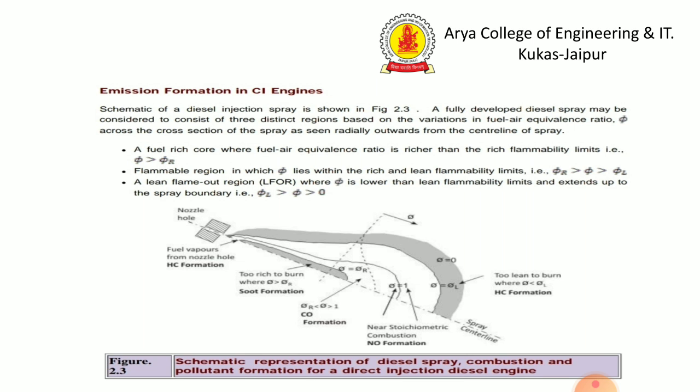Most of the NOx formation is near the stoichiometric combustion, and where the mixture is too rich, which is known as the core of the flame, the soot is formed. HC emissions also form from the fuel vapors from the nozzle holes.